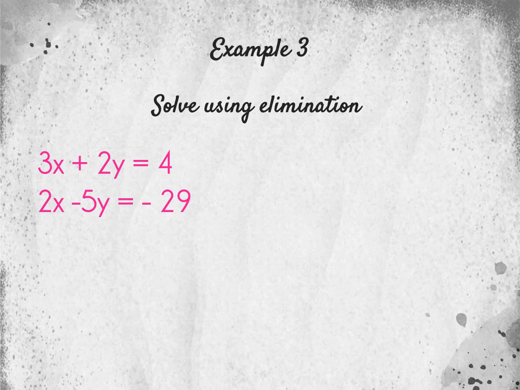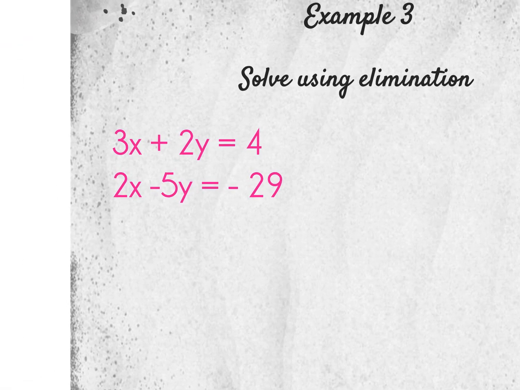So for example 3, notice this time it's lined up, it's in standard form. However, I'm going to have to multiply both equations in order to get my variable to cancel. So when we're coming up with a number to multiply by, really what we're doing is finding the least common multiple between 3 and 2, or the least common multiple between 2 and 5.